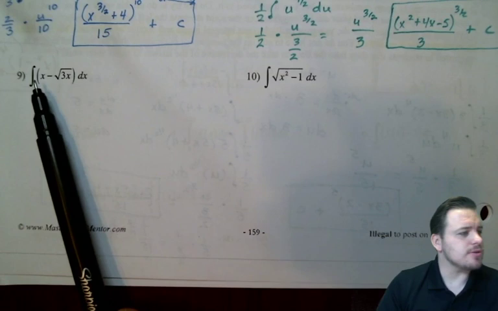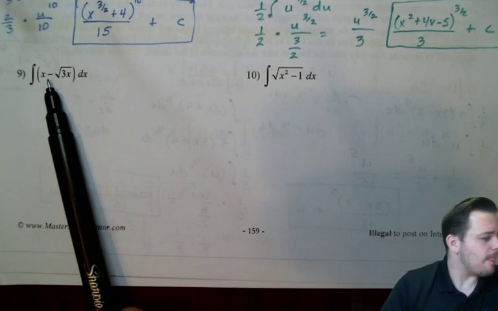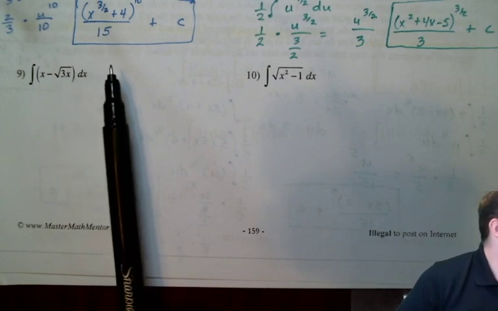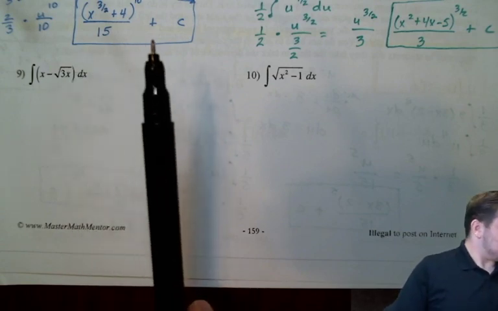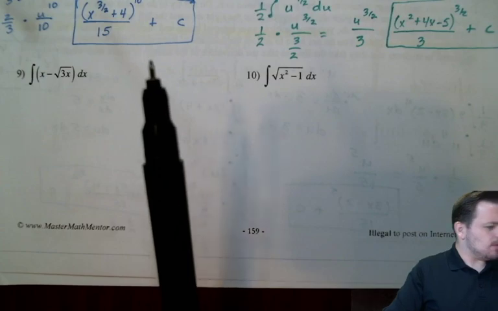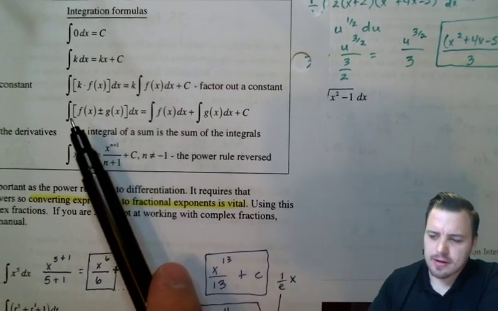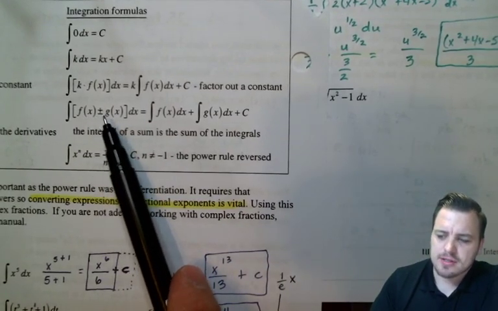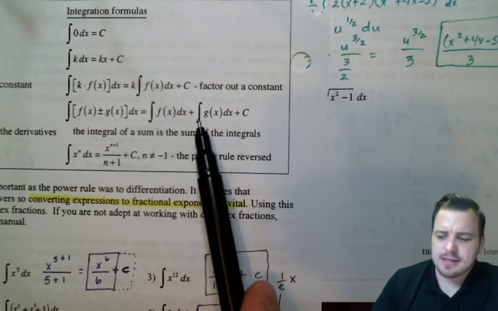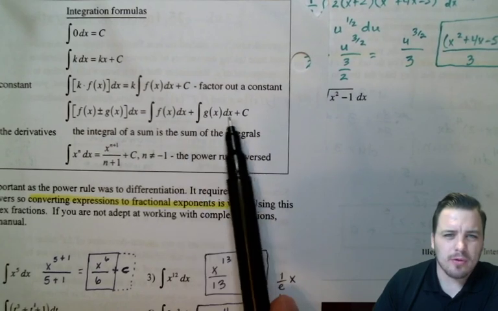So if you go back to our integration formulas, notice here it says that when you have f of x plus g of x, dx, you can break those down into an addition or subtraction problem, and you just integrate both sides separately.